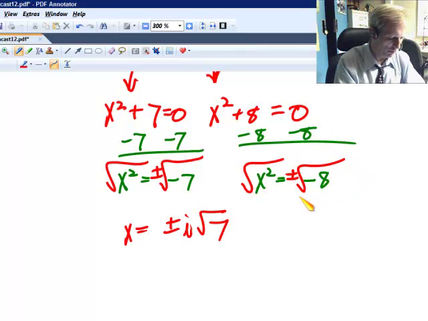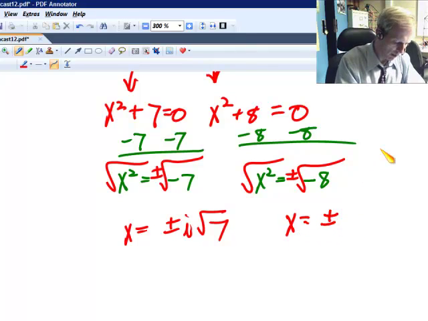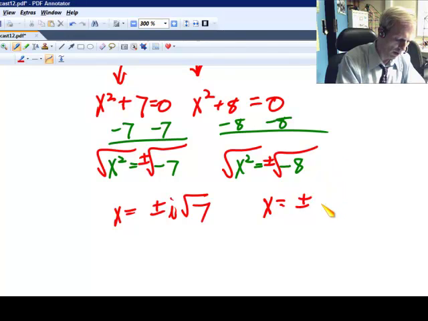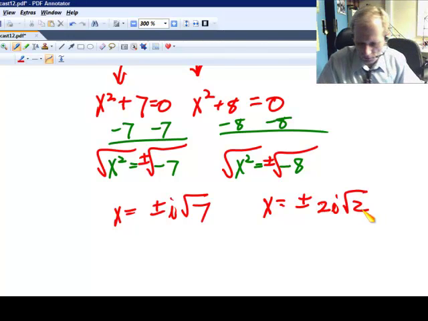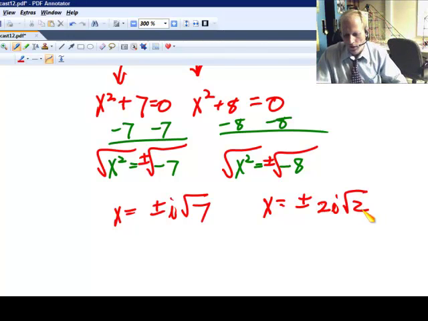And over here on the right, I'm going to get x equals plus or minus, and let's see, square root of negative 8 is 4 times 2, so that's 2 radical 2 and then with an i in it. So I get 2i root 2. And those are my 4 solutions.